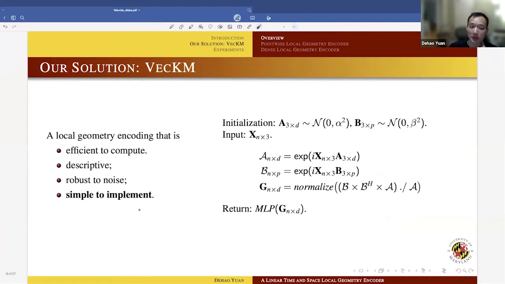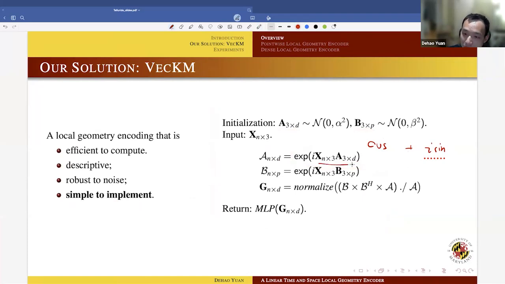And finally, it is very simple to implement. To implement the vectam encoding, you basically only need these 6 or 7 lines. You initialize matrices A and B, then do a matrix multiplication, and then take an exponential of i times it. In case you don't know, this is cosine plus i sine, the Euler formula.